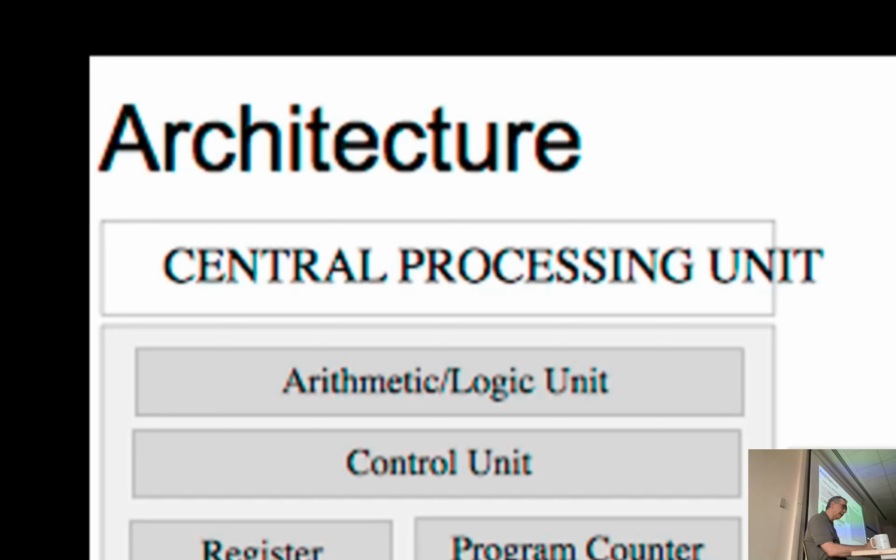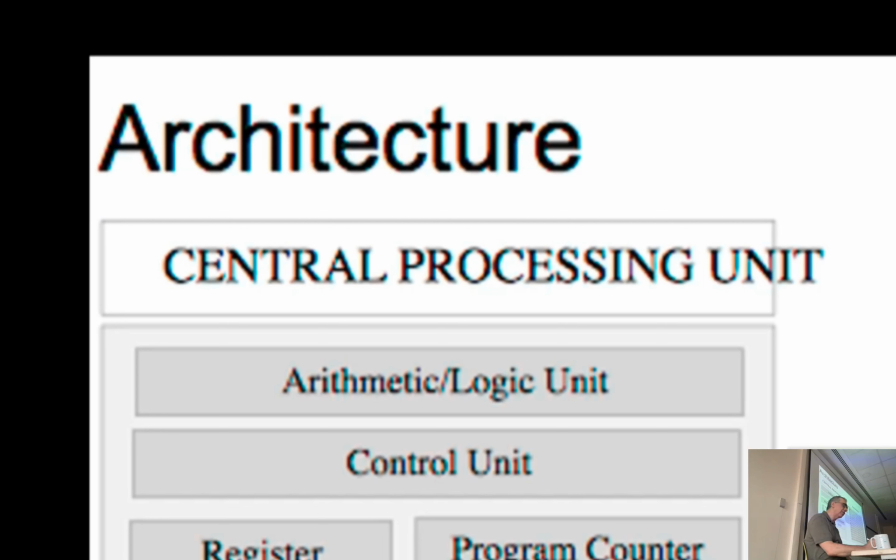Each of them is 8-bit. Right? The main memory is 256 bytes.